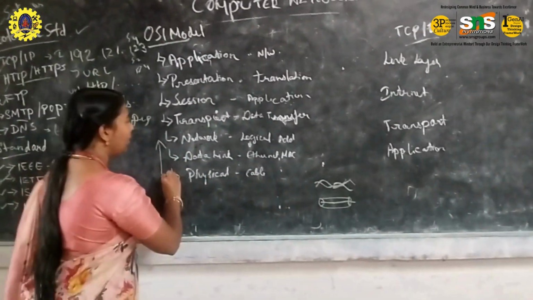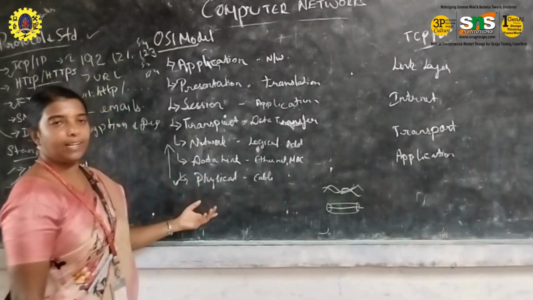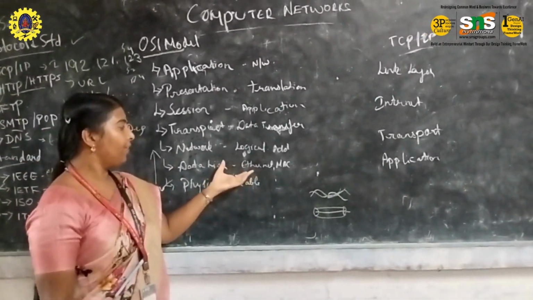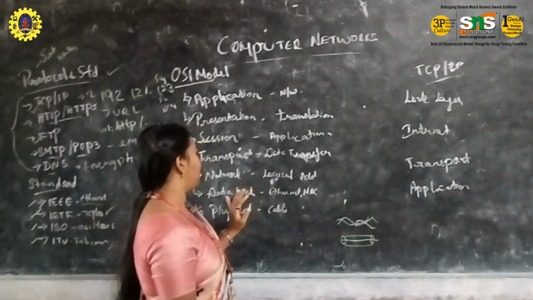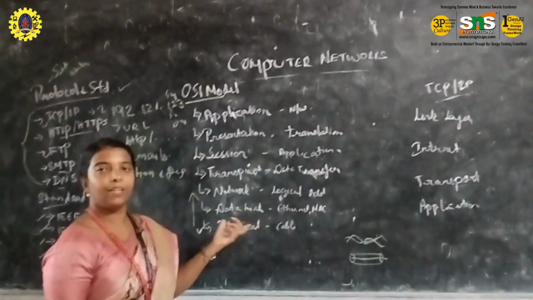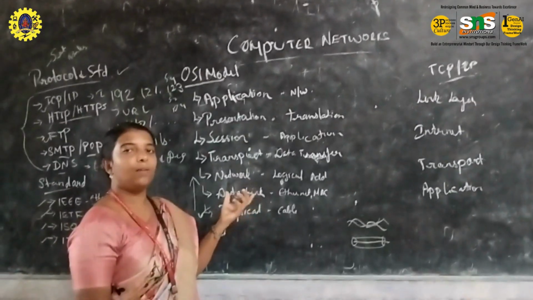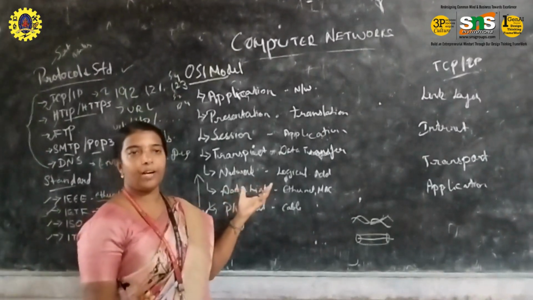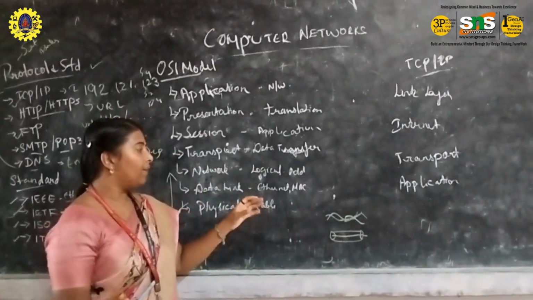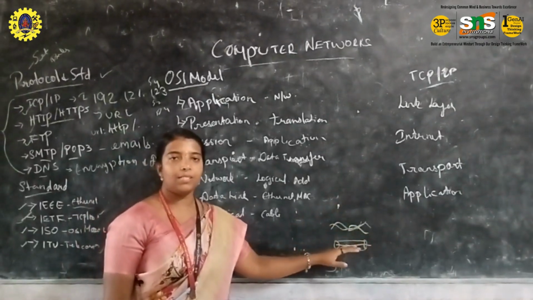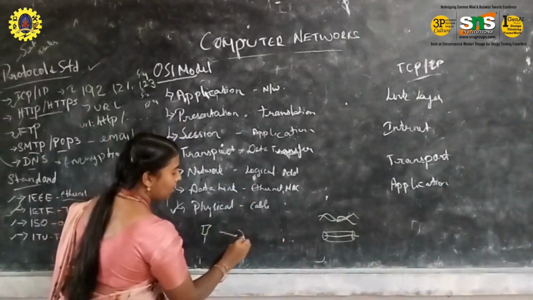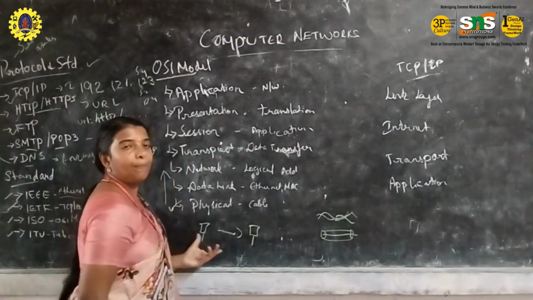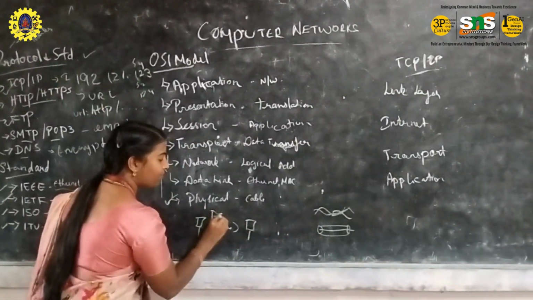So next is your data link layer. This data link layer is nothing but Ethernet and MAC addresses. It is a very important layer, where communication transfers from one system to another system, and the data passes through packets.